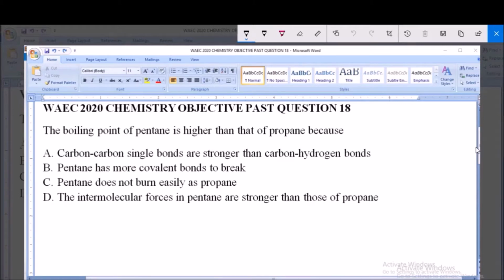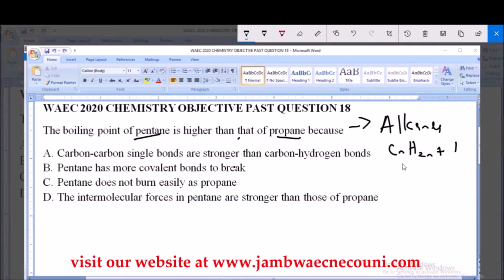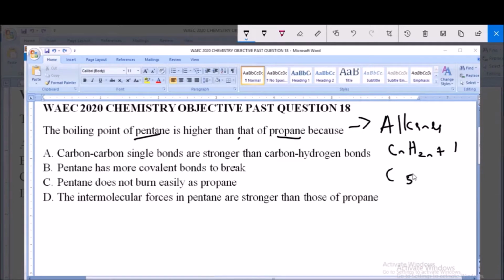So these two compounds, pentane and propane, are both under the category of organic compounds known as alkanes. And as you may know, alkanes have a general molecular formula of CnH2n+1. So in pentane, n is equal to 5, so it has a formula of C5H, that is 2 times 5, 10 plus 1, 11.